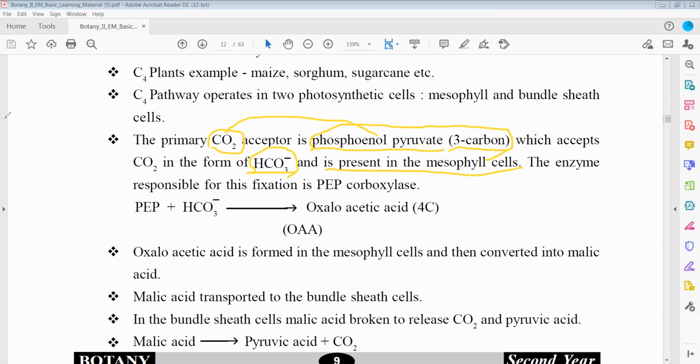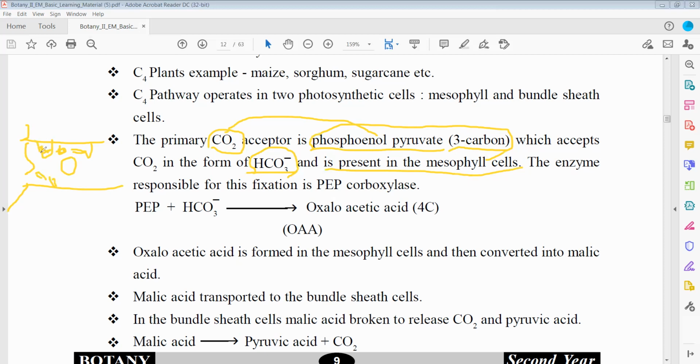I will show you the mesophyll cells. This is the transverse section of the leaf, and this is the upper epidermis. This is the lower epidermis. The total space between them is called mesophyll, in which cells are present. Centrally the vascular bundle is present, and here irregular cells are present.